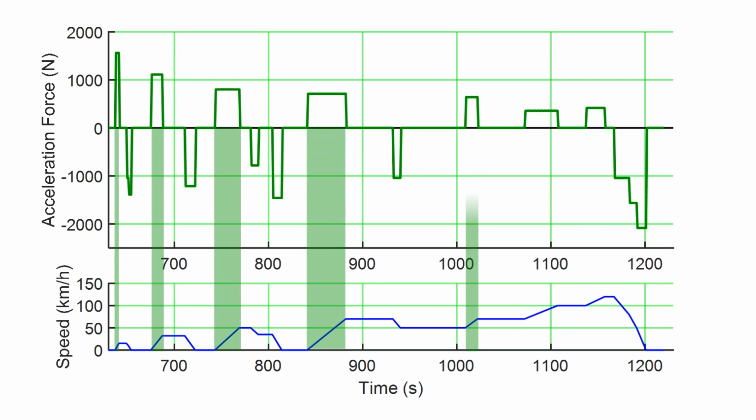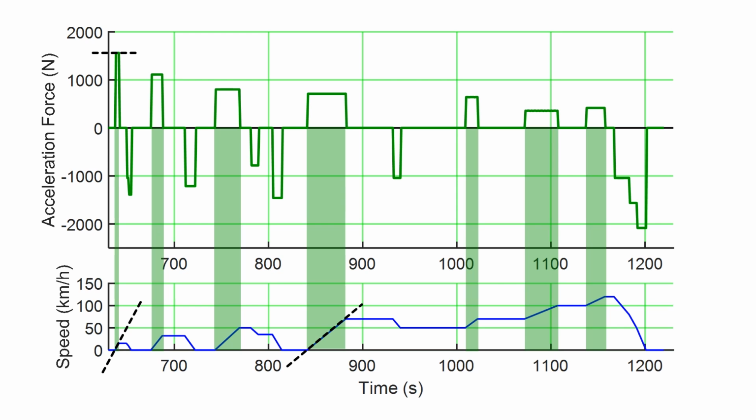So whenever the speed is increasing, the net force is positive. A steep slope in the speed profile corresponds to a high acceleration. To achieve a high acceleration, the force has to be high. A less steep increase in the speed profile corresponds to a lower acceleration, which requires a lower net force.